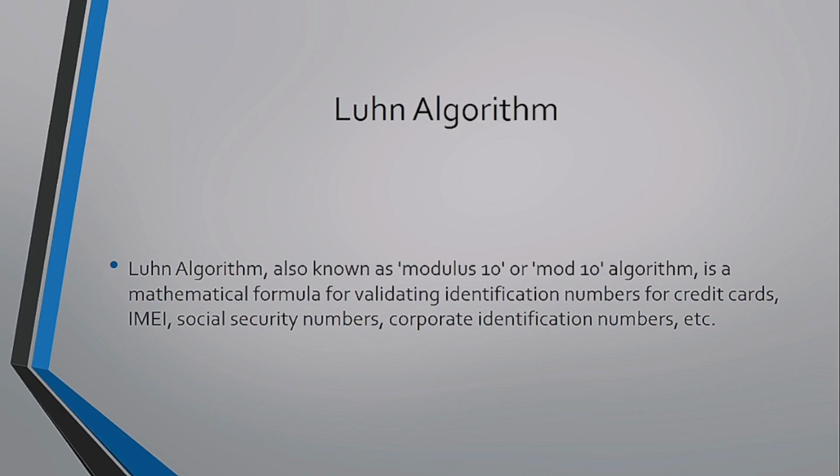So with the help of this algorithm you can validate whether a given number is valid or not for an IMEI, for an ATM card number, etc. So basically it does that job for you. The first thing is validation.